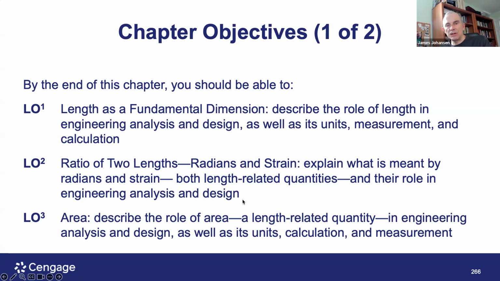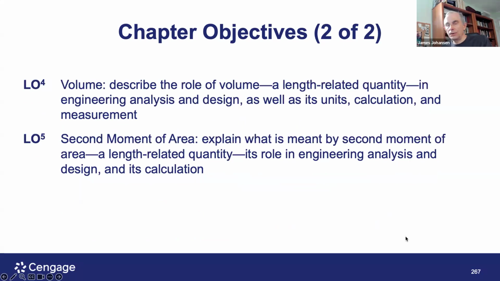So some of the things we're going to be touching on in this lecture, I know some of you are into mechanical engineering, and I think you'll be getting some positive feedback with the material that we cover here to give you some perspective on that. So length is a fundamental dimension, ratio of two lengths, and then area: describe the role of area, a length-related quantity, in engineering analysis and design, as well as its units, calculations, and measurements. And I'll try and include some practical ways in which we encounter that.